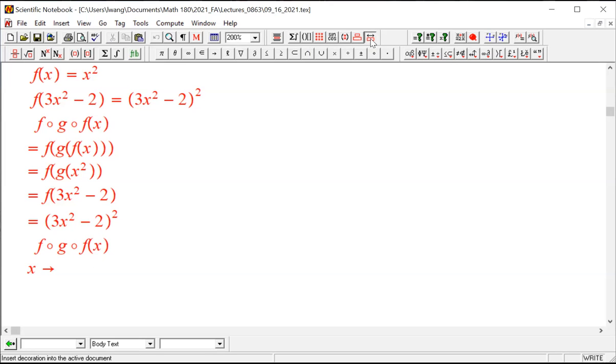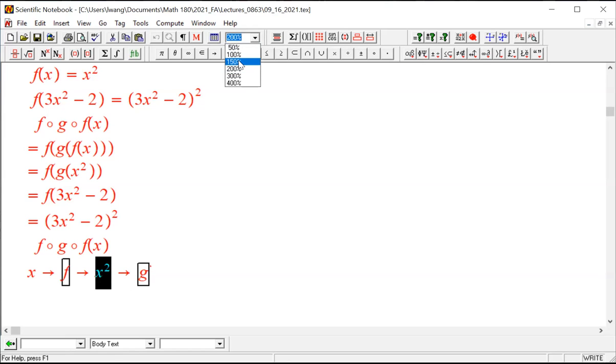So the first rule you apply is f. f of x is x squared, so the output for that is x squared. Now you're going to take this as input to g. So x squared is the input for g.